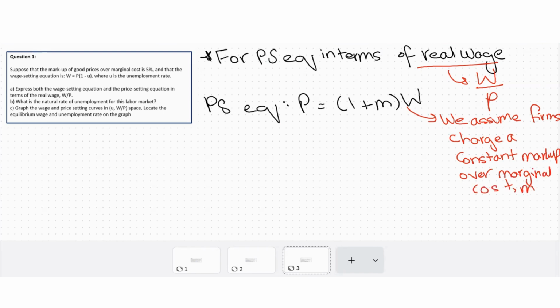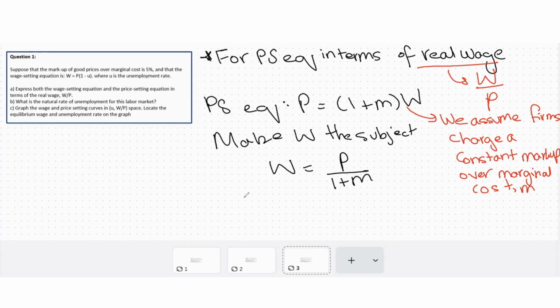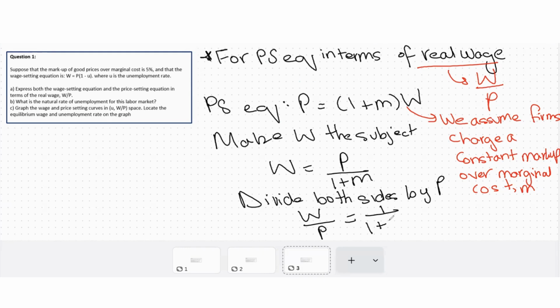So because you want to express this in terms of the real wage, let's first make W the subject. So this becomes W is equal to P/(1 plus M). Now divide both sides by P to get it in terms of the real wage, nominal wage divided by price level. So we get W/P is equal to 1/(1 plus M).